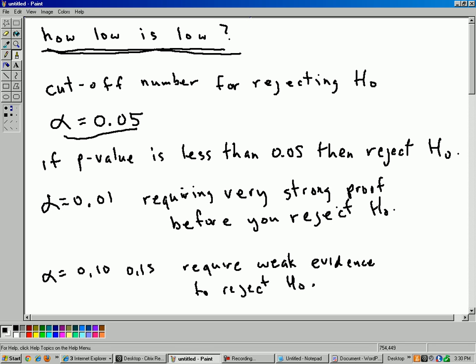On the other hand, the opposite problem is that the burden of proof is so high that there'll be a lot of cases where the alternate is actually true, but you end up not rejecting the null because your alpha was so tough to get that low.